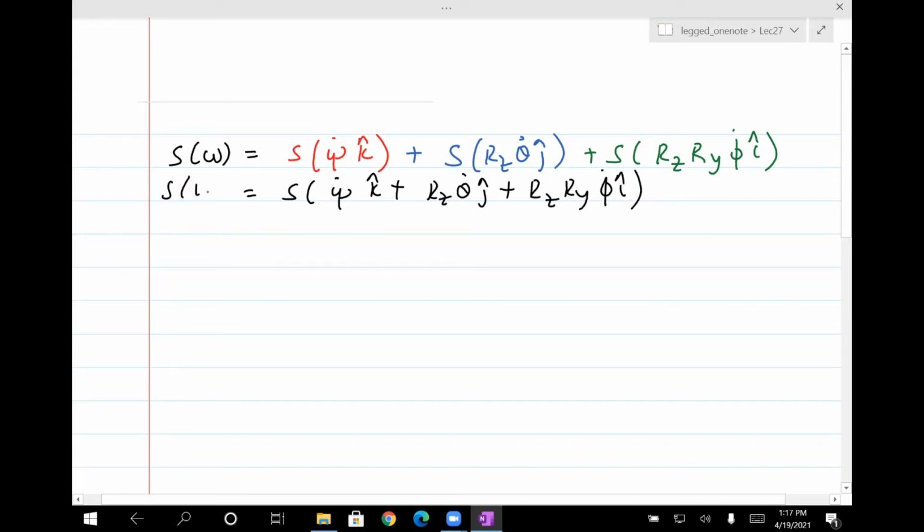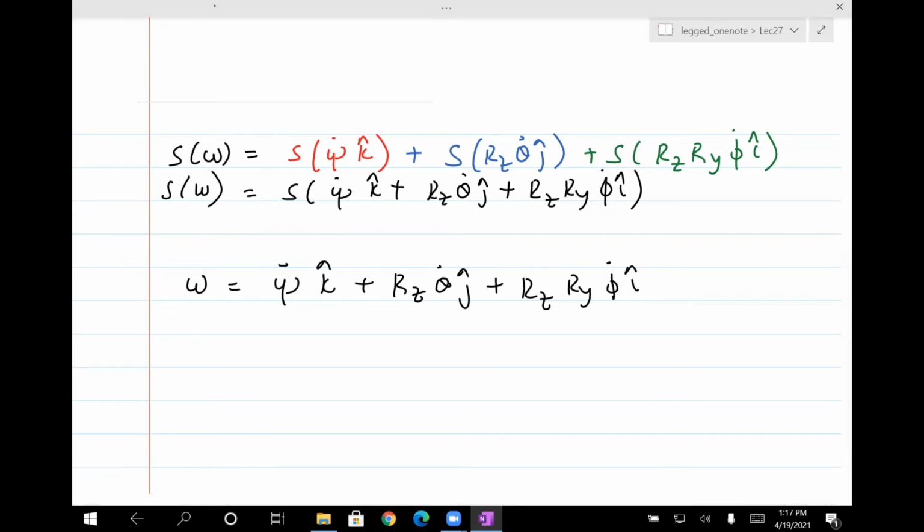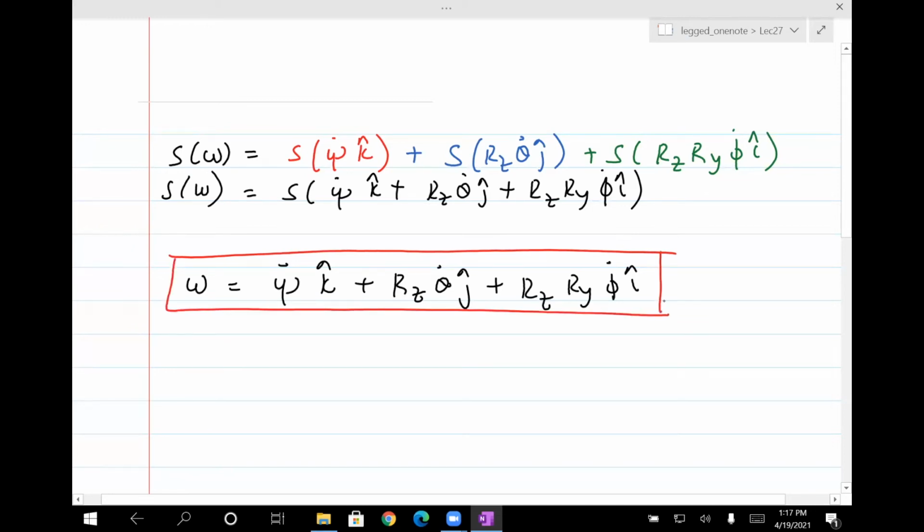And now we can actually compare the two sides. We have omega equals psi dot K plus Rz theta dot J plus Rz Ry phi dot I. So that is my angular speed of the body in the fixed frame or inertial frame.